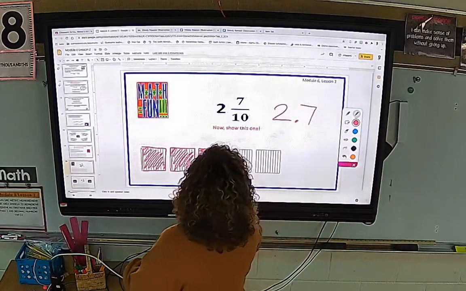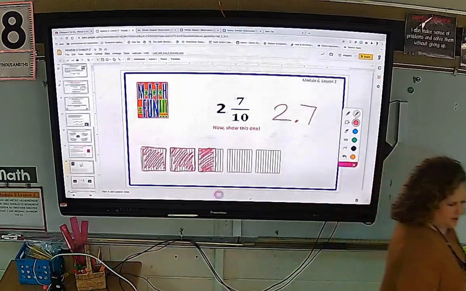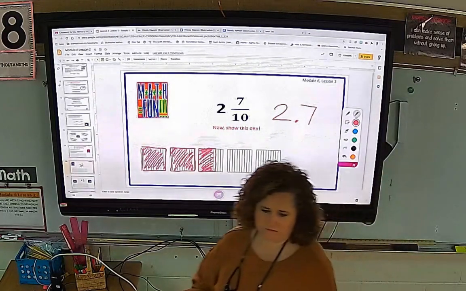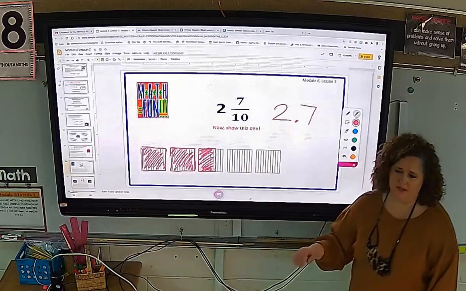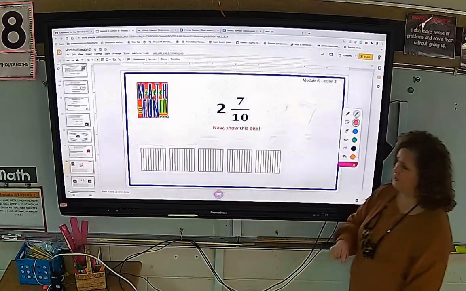Okay. So the area model is just simply one other way to see the decimal, or actually the fraction too, but especially the decimal since that's what we're focused on. Okay? All right, so y'all see how this works. Don't let this take you a long time to shade these. Okay? Because we're going to do that.